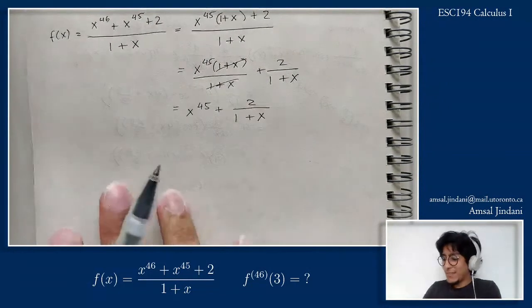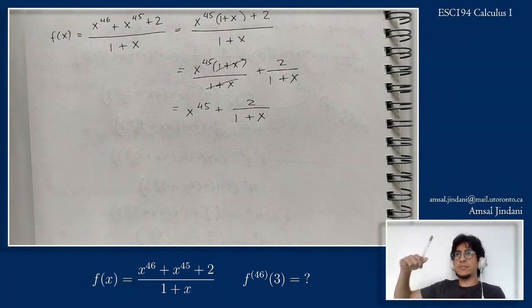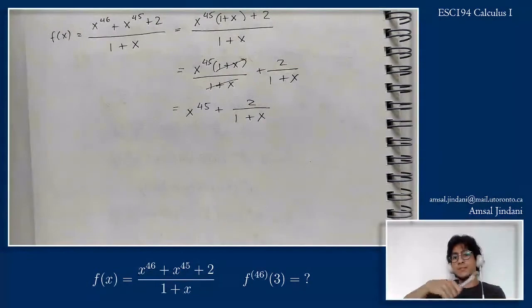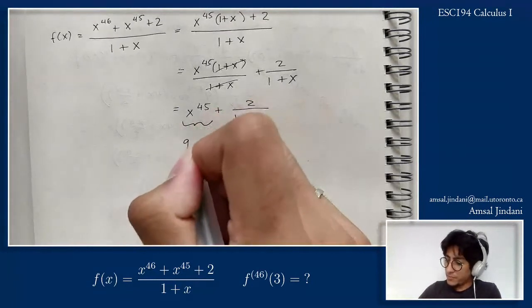You get 0. For example, think of a smaller case. What happens when I take 3 derivatives of x squared? So x squared becomes 2x, becomes 2, becomes 0. So if I have x to the power k and I take k plus 1 derivatives of that, I'm just going to get 0.